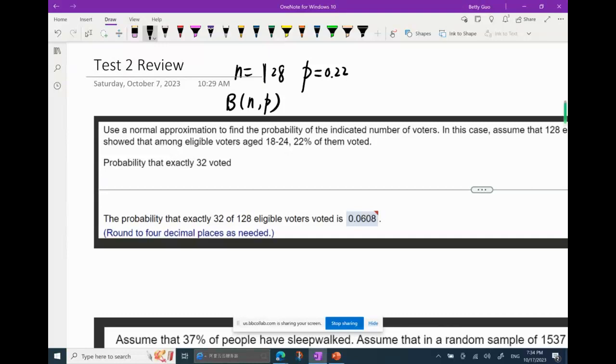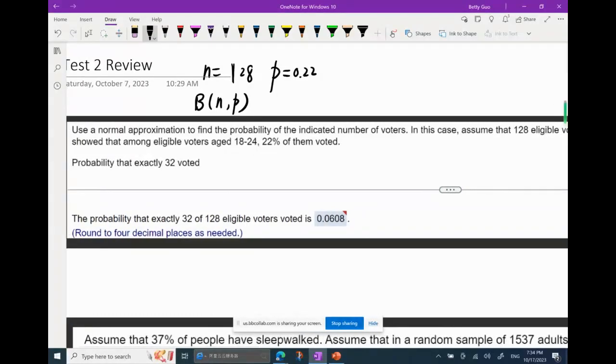So now we are going to use the normal distribution to approximate the binomial. The normal distribution has mu equals n times p, and sigma equals square root of n times p times q. And what is q? q is 1 minus p, the probability of failure. So it's 1 minus 0.22, which gives us 0.78.